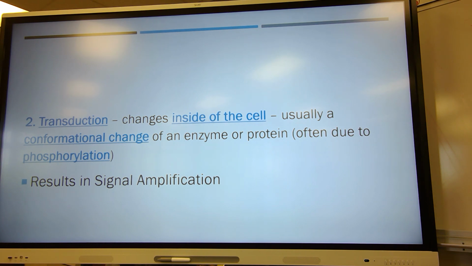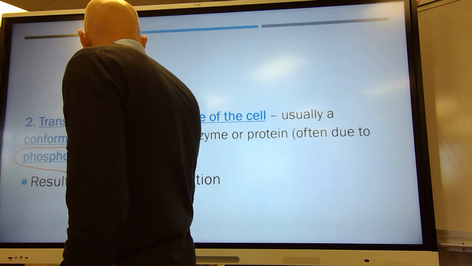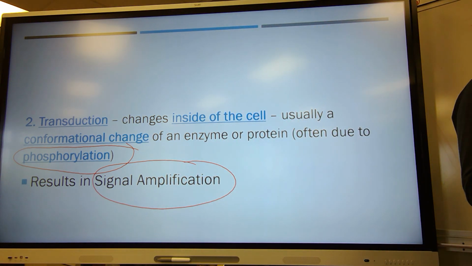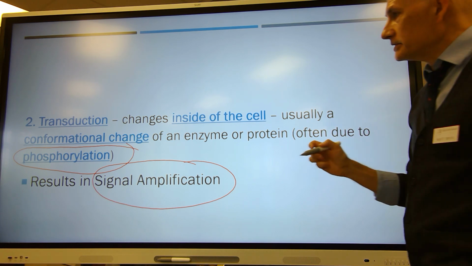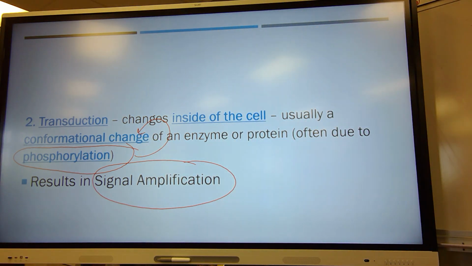And there's two main mechanisms, which are going to be phosphorylation and signal amplification. The way that the proteins get activated through the cell is by phosphorylating. And phosphorylation causes a conformational change in the shape of the protein so that it will then activate another protein.